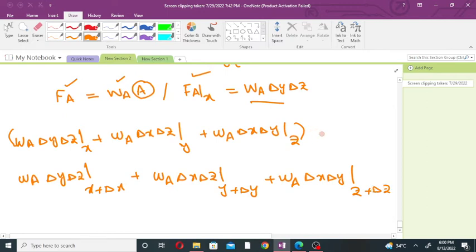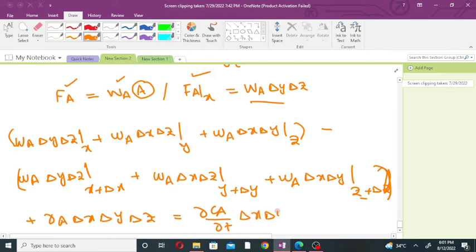So this is entering minus leaving, input minus output. The generation is R_A delta x delta y delta z, and the accumulation is the change in concentration with the passage of time, times delta x delta y delta z.